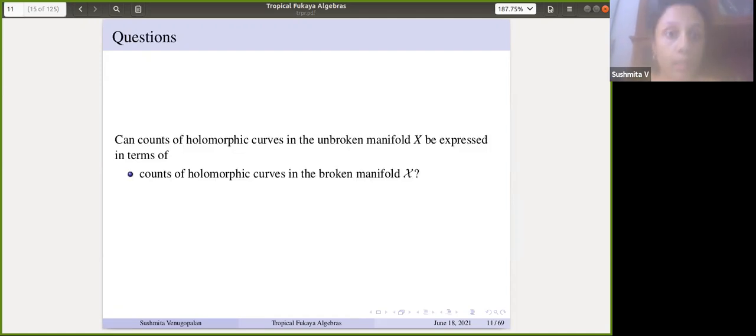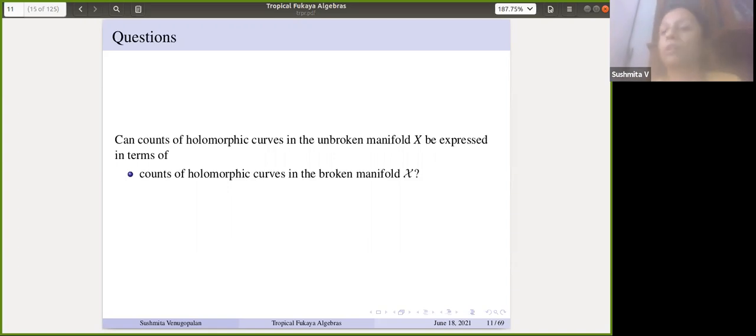Okay. So the main question we are going to ask ourselves is, can counts of pseudo-holomorphic curves in the full manifold X, which I call an unbroken manifold, be expressed in terms of counts of holomorphic curves in the broken manifold? I haven't yet introduced a broken manifold.